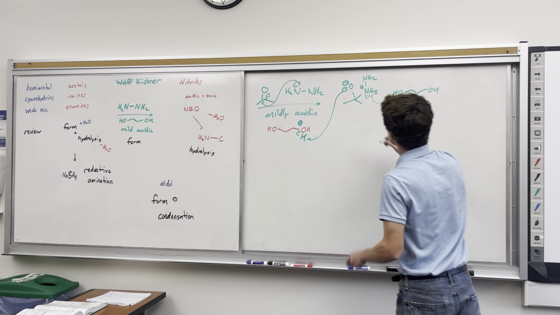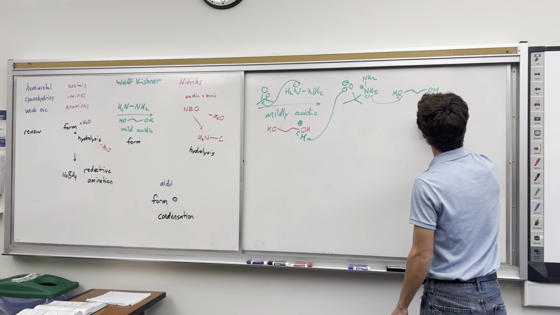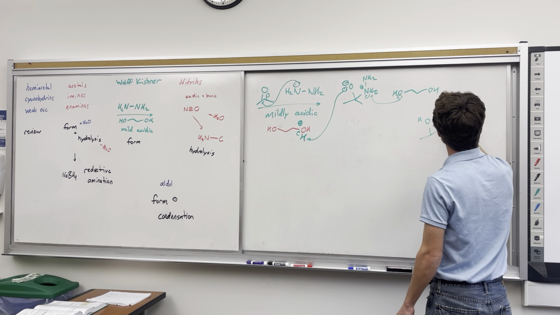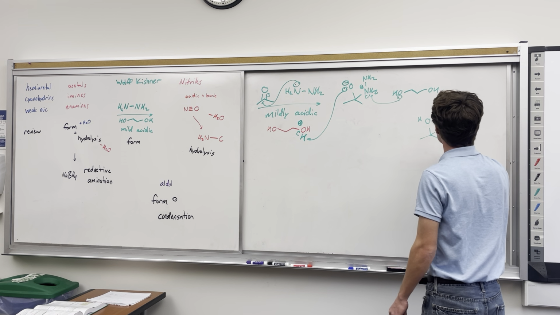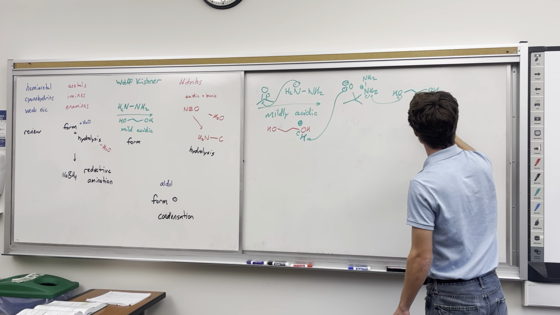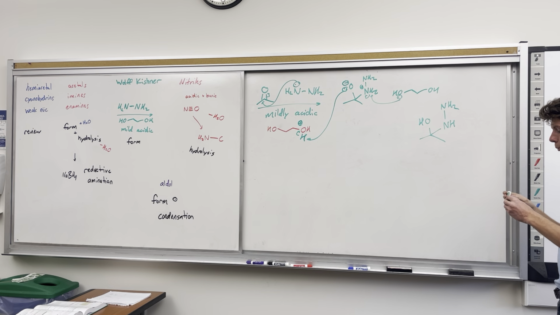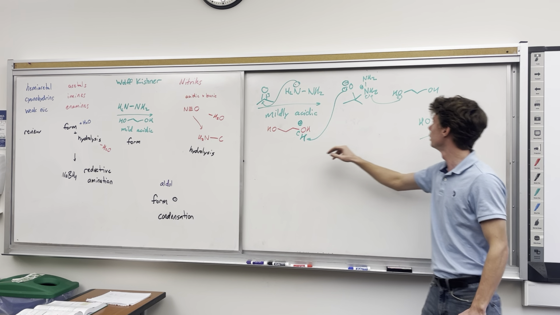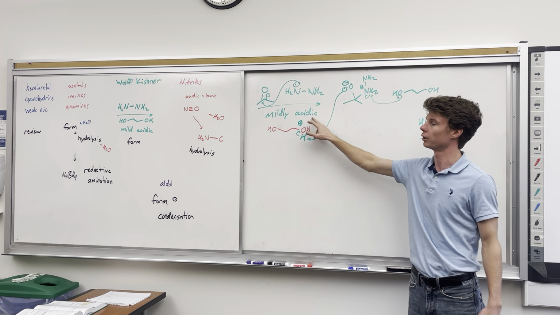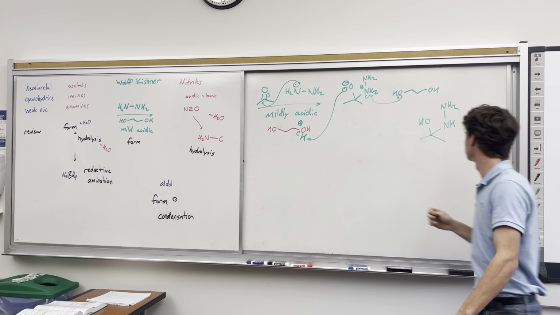We would do that there. And we'll be left with this. Just two proton transfers there, and I'm using the protonated version here and the neutral version because we're in acidic conditions. Okay.